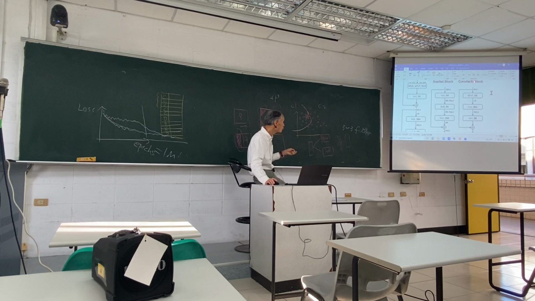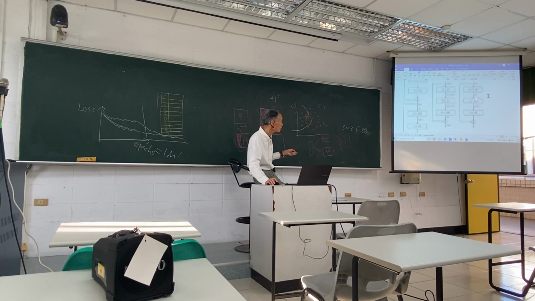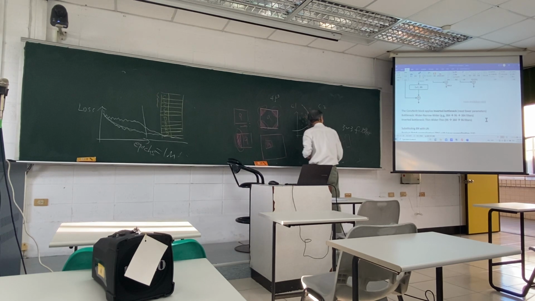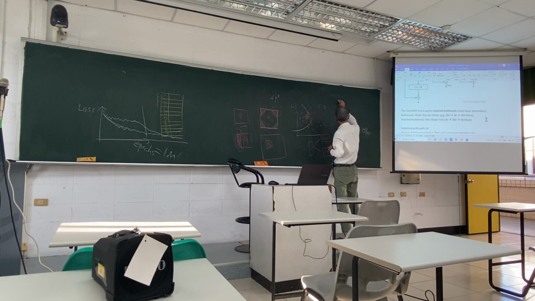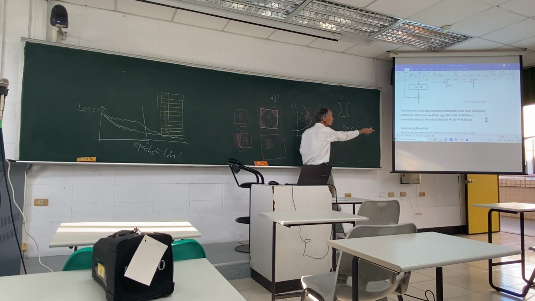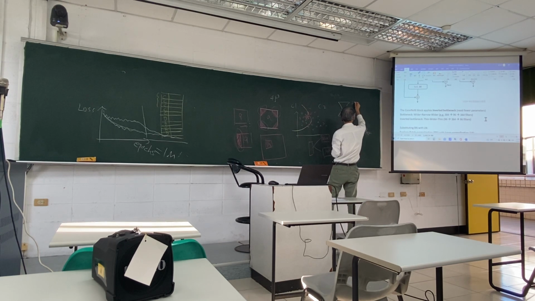Okay, the first difference: the convolution network used the so-called inverted bottleneck. Usually for the bottleneck, you will use something like this: 384, 96, 384.